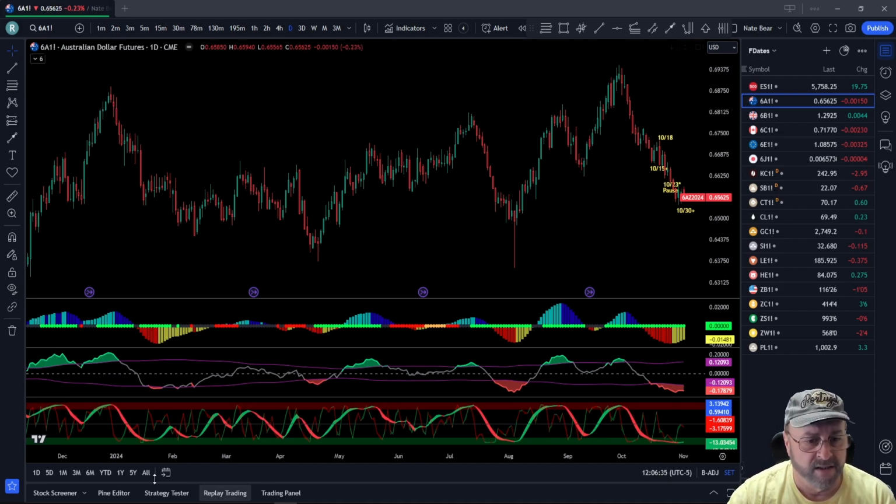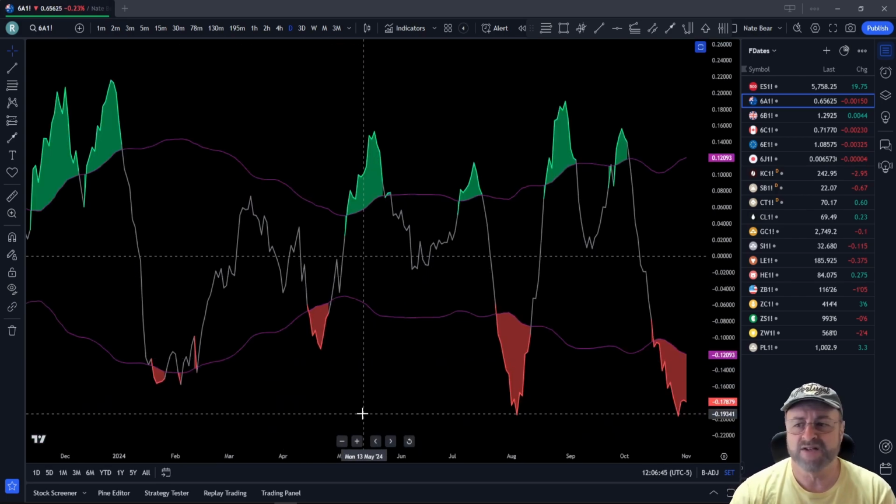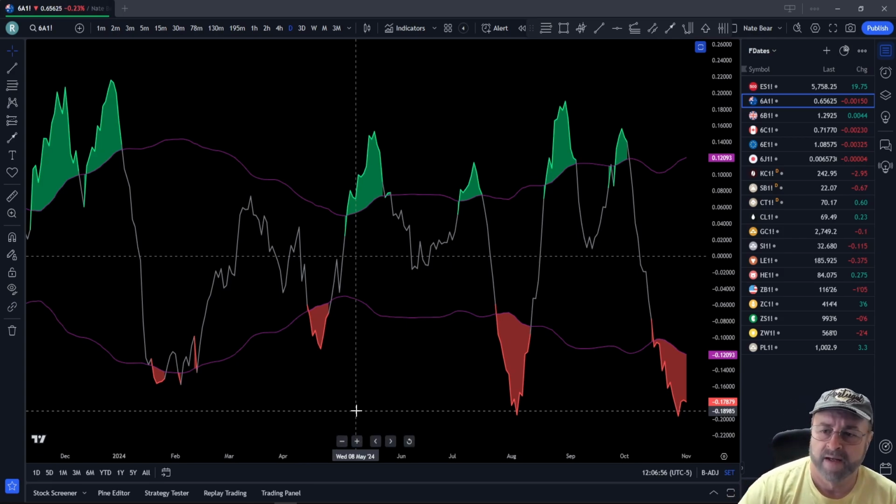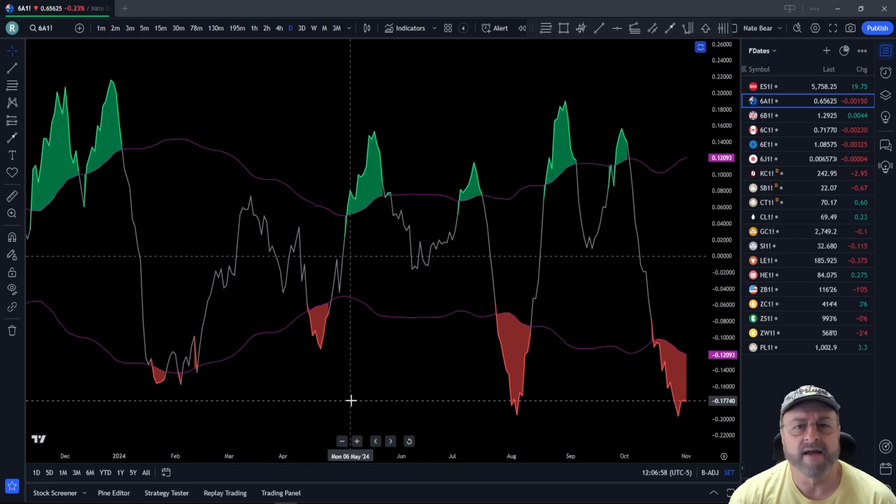So you have this Trendio and TMO scalper. These are all indicators that you can use for free in TradingView. This is a TradingView subscription charting platform that I use. But it's basically an RSI. That's what it is.